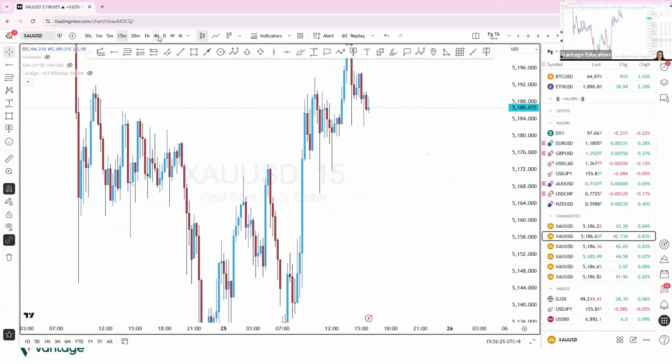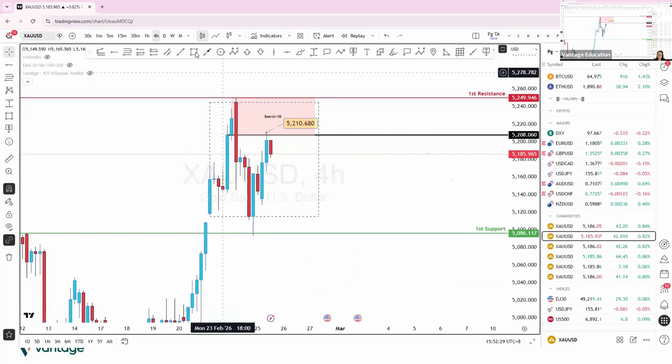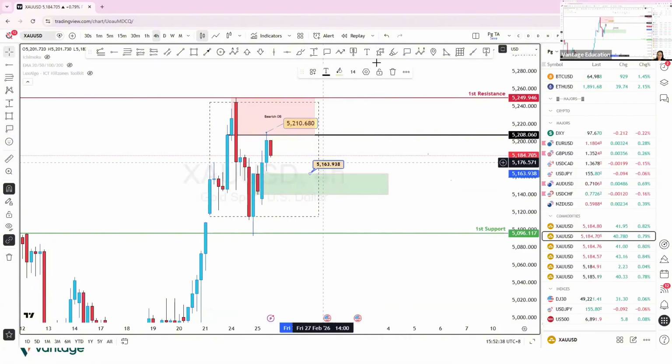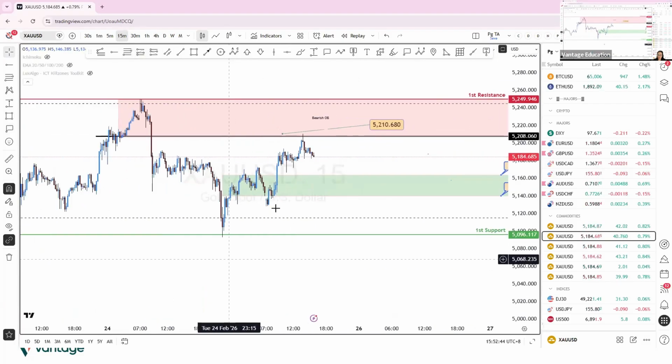And I go to the H4 again. So basically, in H4, one of the things you can buy, let's say these are the zones. This is the zone that you want to buy. You wait for price to pull back.